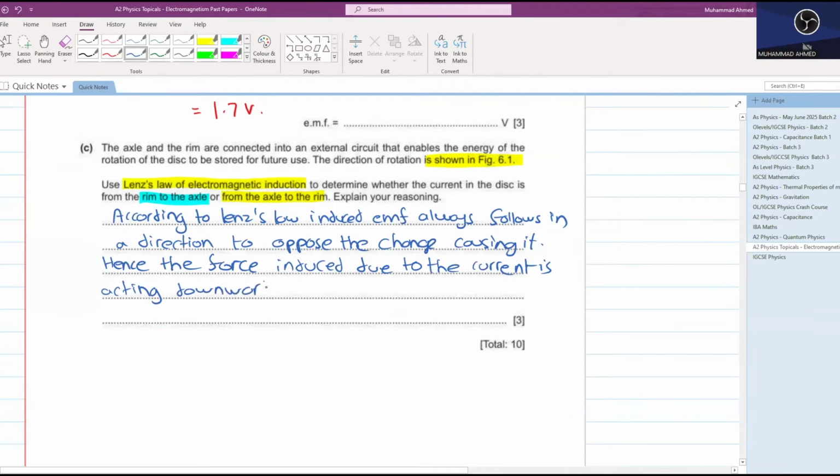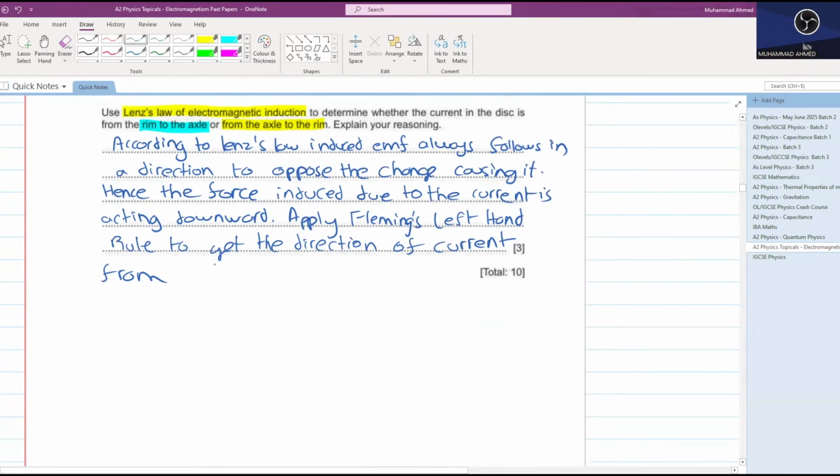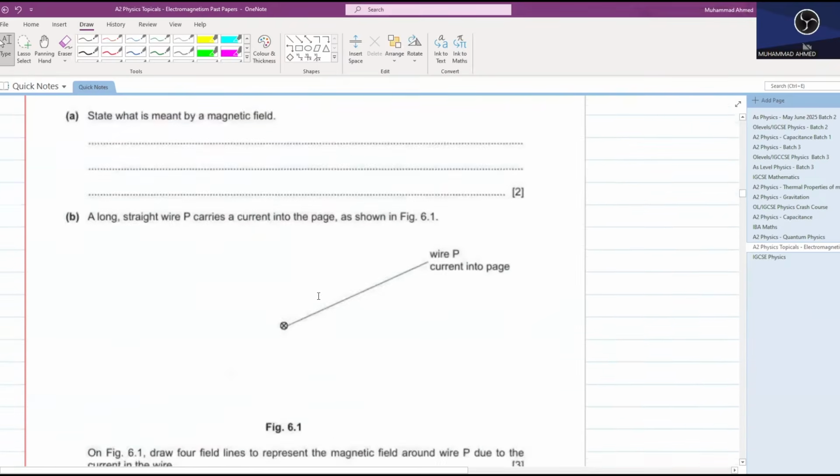And if the force produced is acting downwards, apply Fleming's left hand rule to get the direction of current. So you can write that the direction of current is from the rim to axle, full stop. Let's move on to the next question.